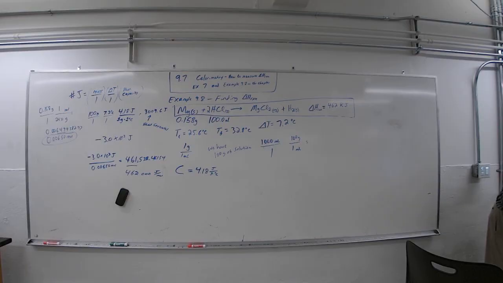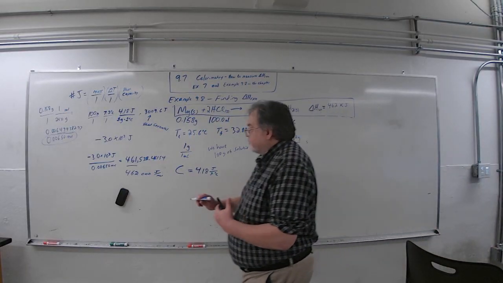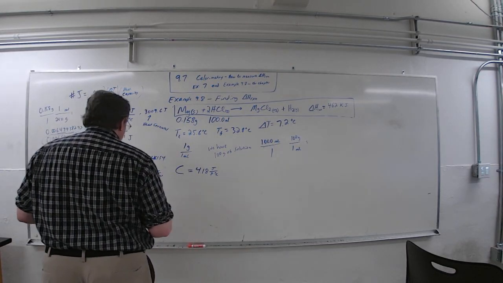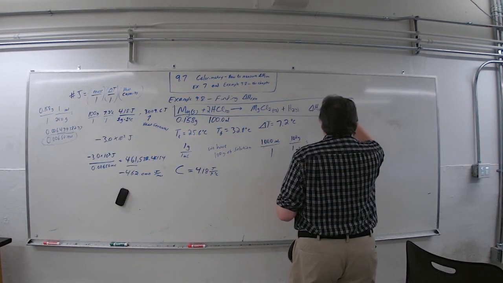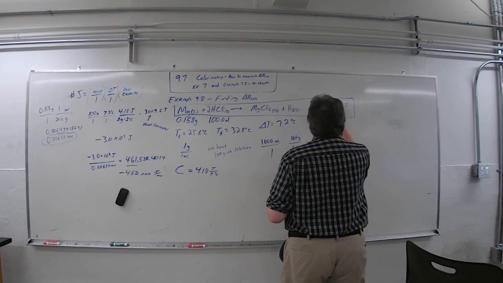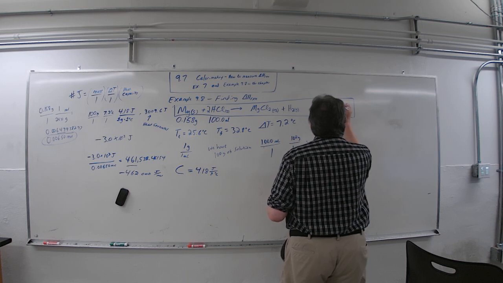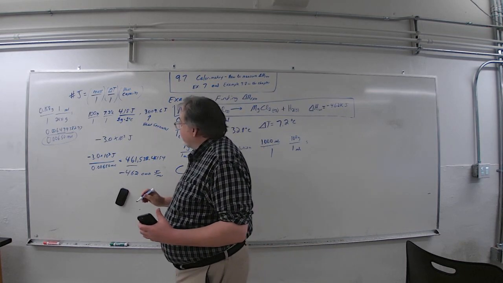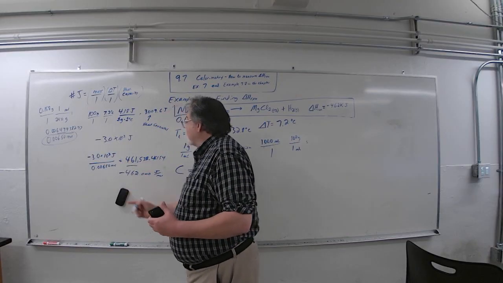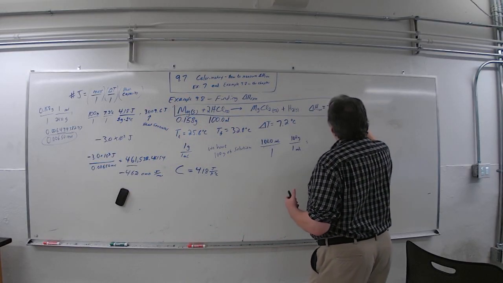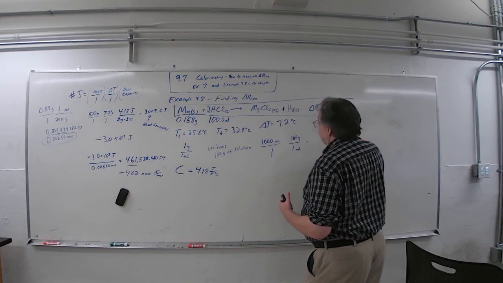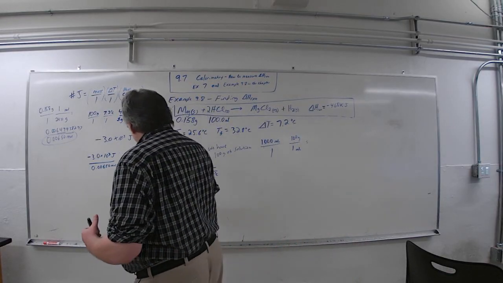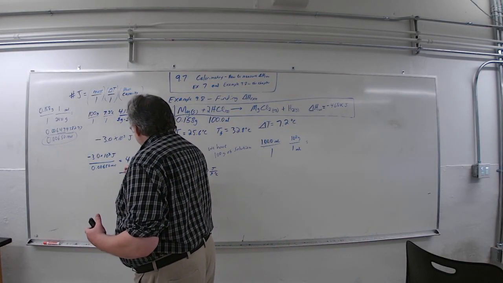I kept one too many significant figures, I guess. Should be negative. Really 2 significant figures? Yeah, because that one was 2. So it's 6.0. Really should have kept that.